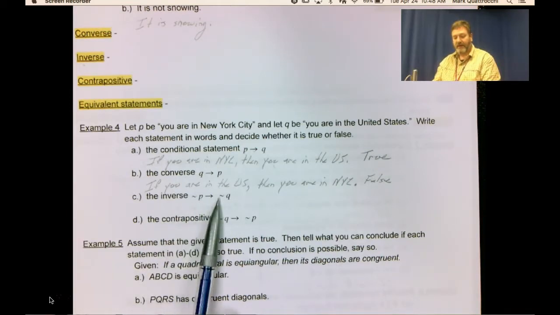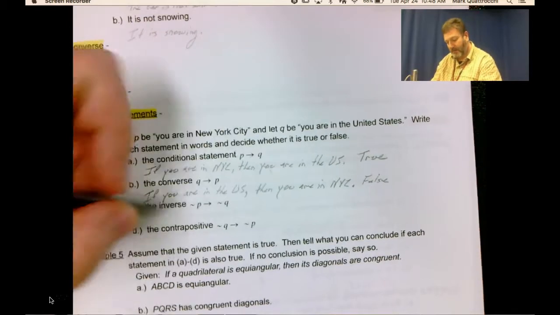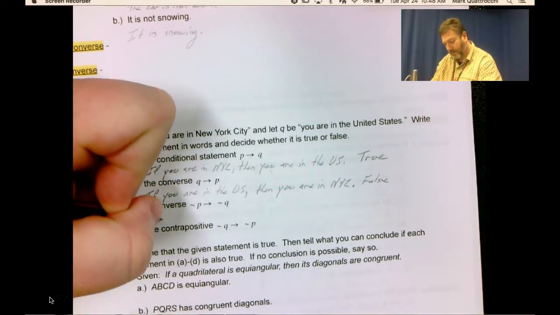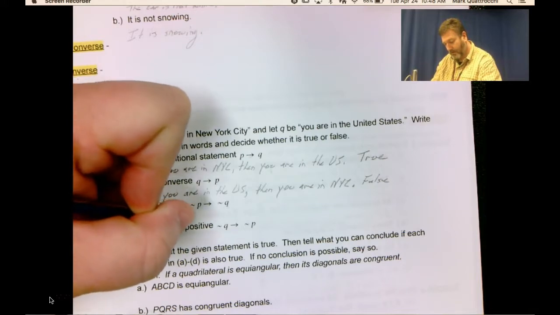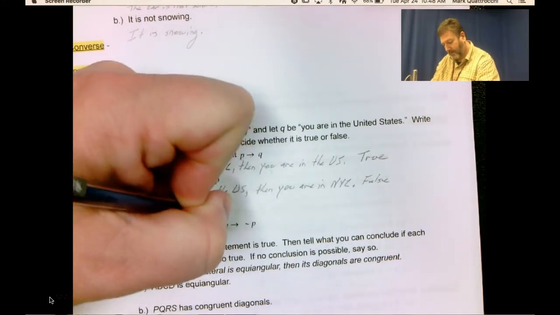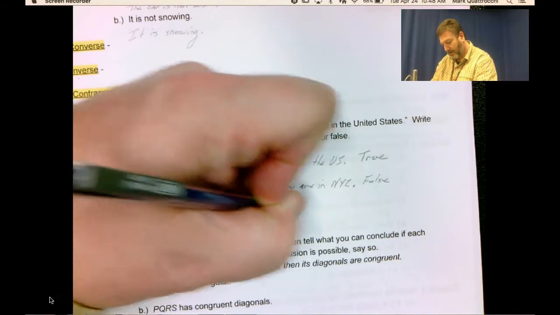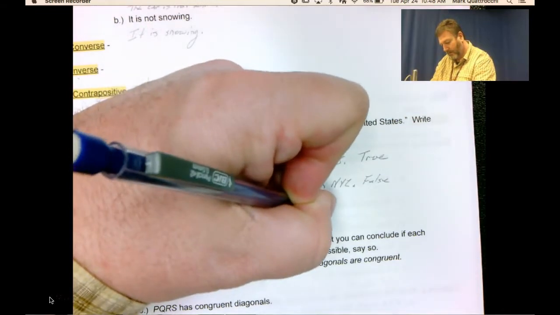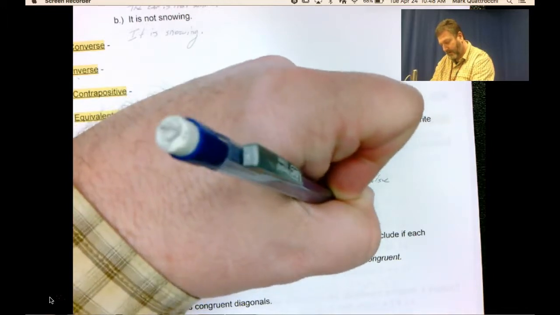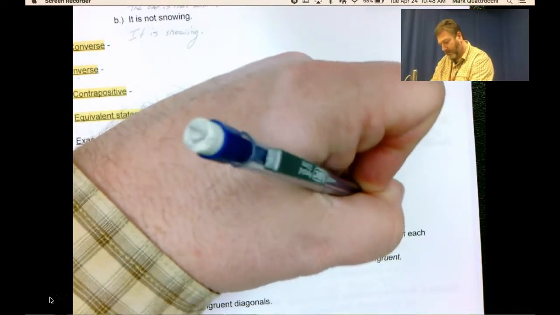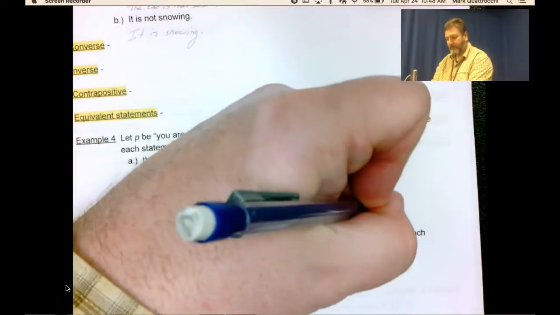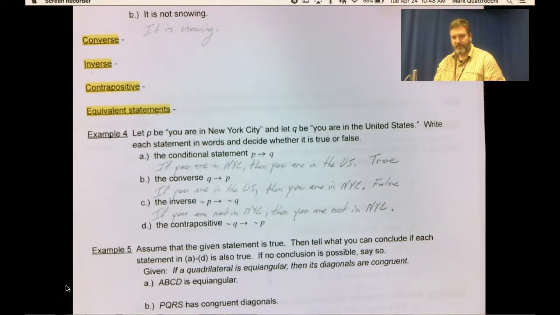The inverse. Not P implies not Q. So that's not. This means negation. So the negation of P implies the negation of Q. So if you are not in New York City, then you are not in the U.S. And again, this is false.